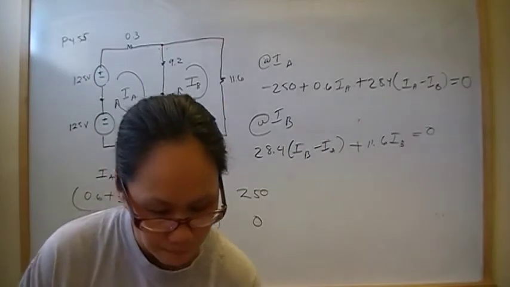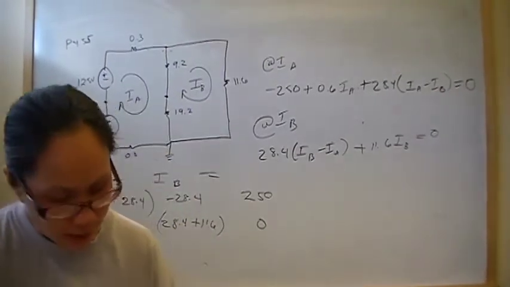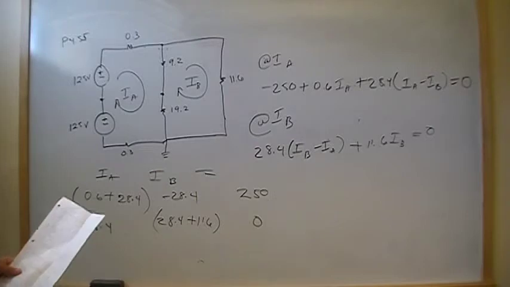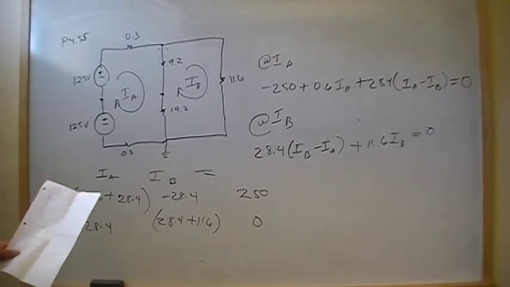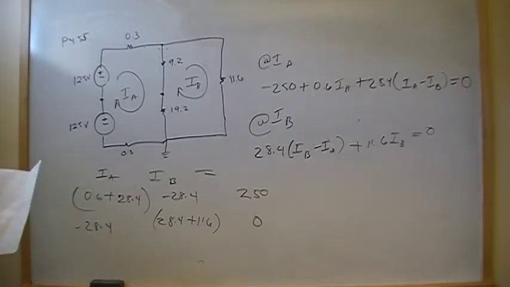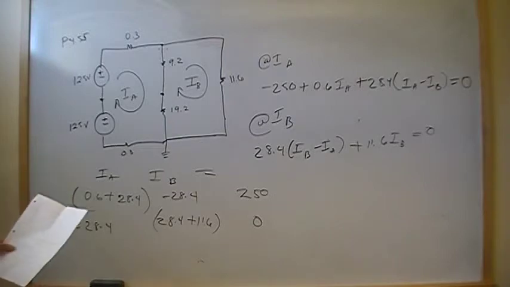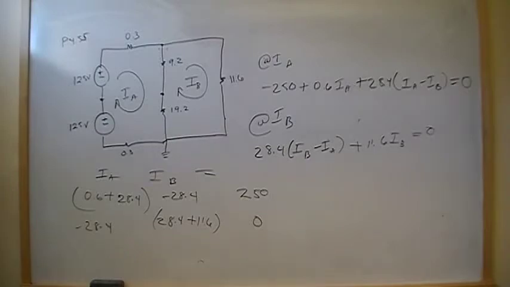Okay. I clearly made a mistake somewhere, so that's what happens when you take shortcuts. So let's see, where did I make my mistake? I have IA of 0.6 plus 28.4.